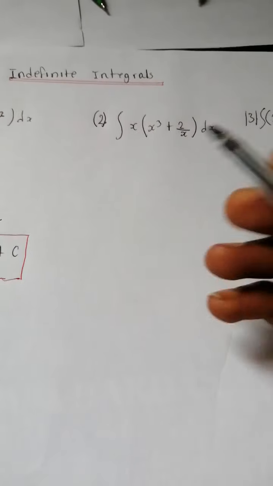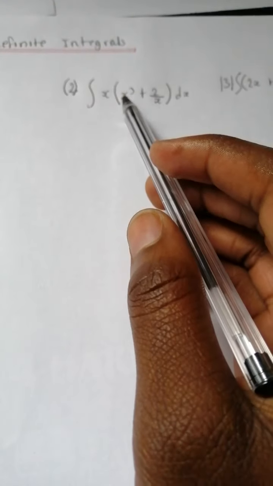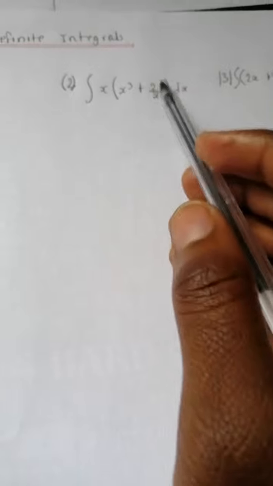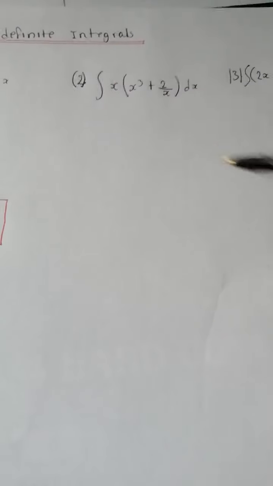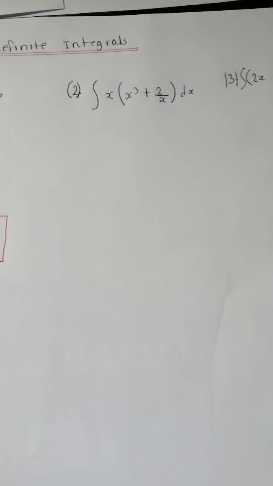Question 2 says find the indefinite integral of x open bracket x cubed plus 2 over x dx. So how can you find the indefinite integral of this question? First, without wasting time, you're going to rewrite this.